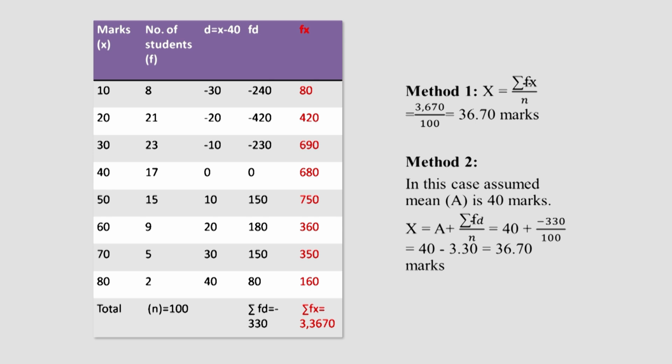The value comes as 36.70, so the mean marks of the students is 36.70. Both the answers calculated through both methods are the same, 36.70. This is just another method of calculating arithmetic mean in discrete series.